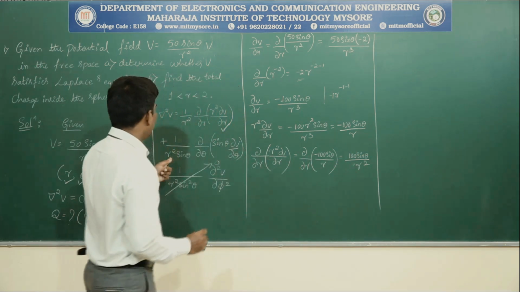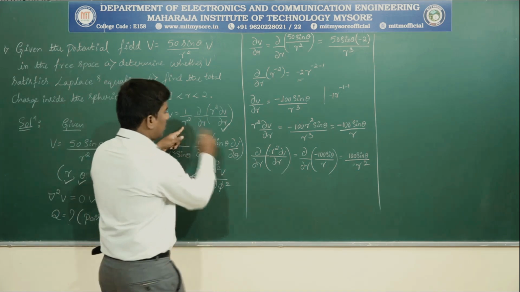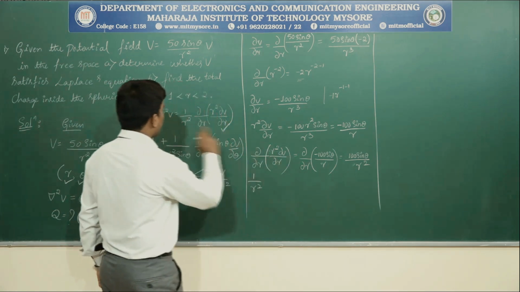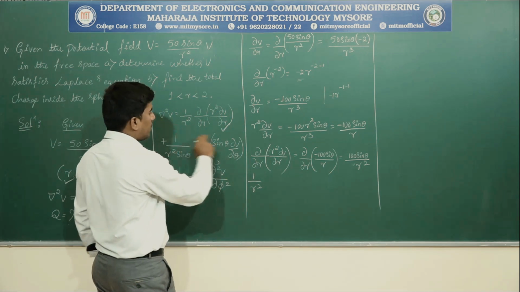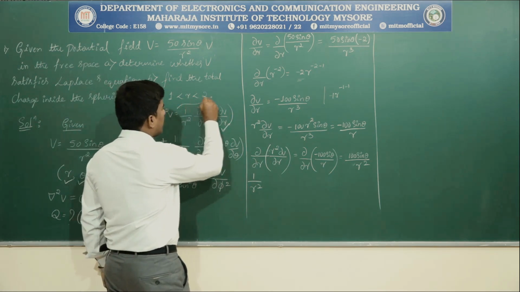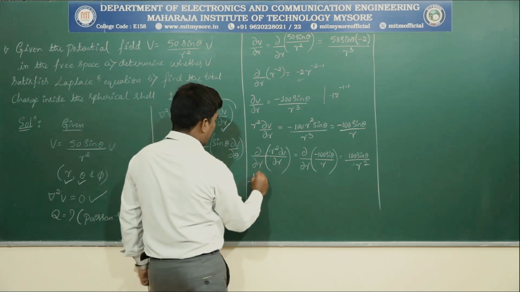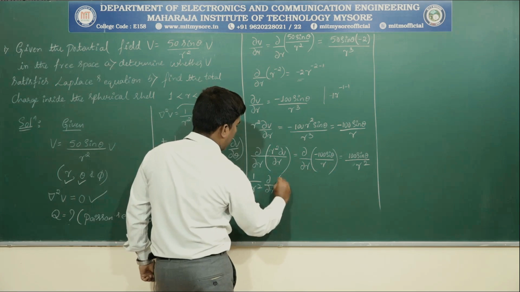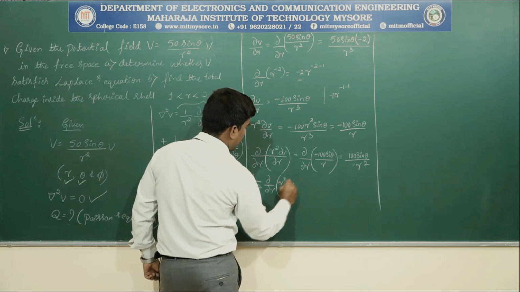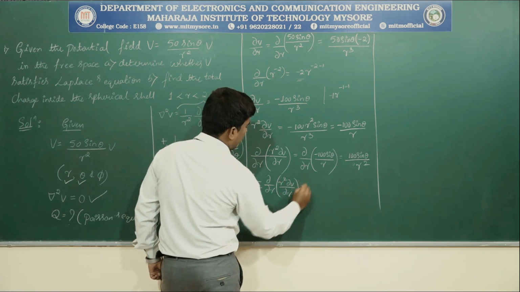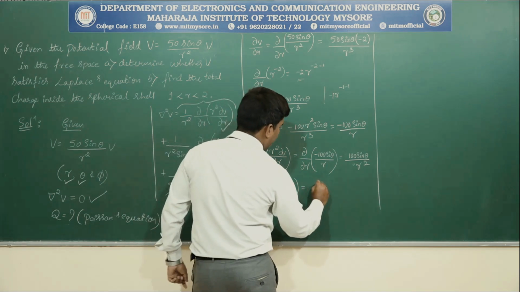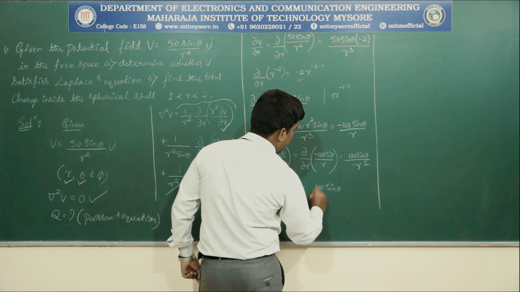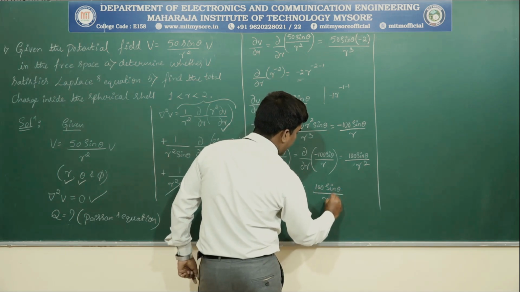So what we need to do in the next step, again we need to multiply by 1 by r square. Multiply both sides by 1 by r square, because we need to evaluate this entire term. That's why 1 by r square ∂/∂r of r square ∂V/∂r is equal to 100 sin theta divided by r power 4.